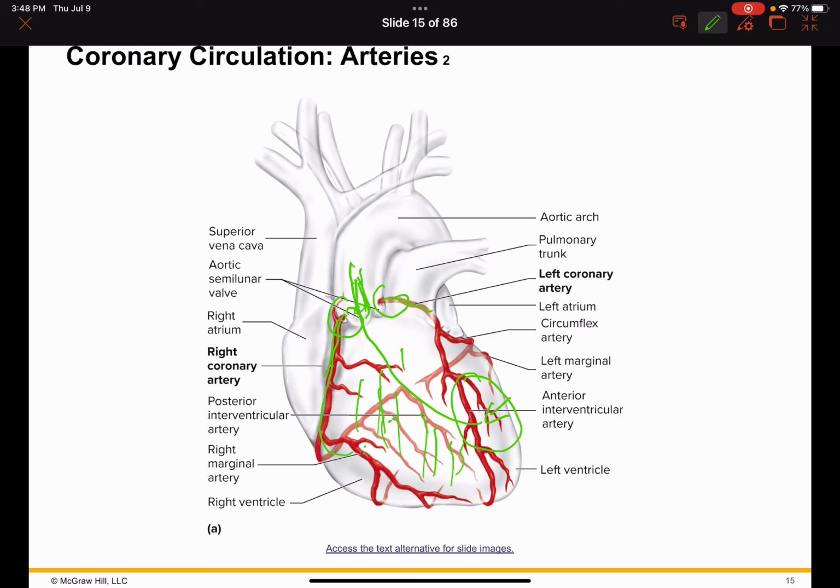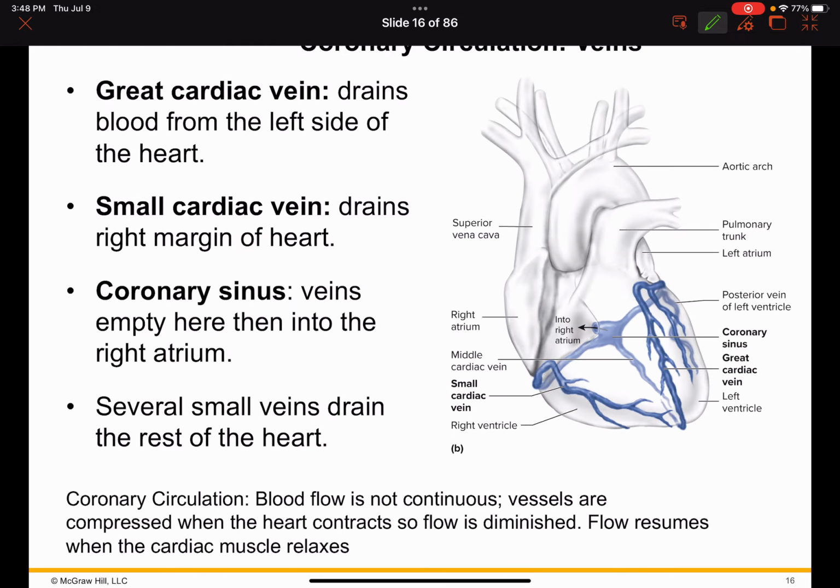After the heart muscle uses this oxygen, what happens? The deoxygenated blood is collected by cardiac veins, either small cardiac vein on the right side or great cardiac vein on the left side, which drain into that coronary sinus.